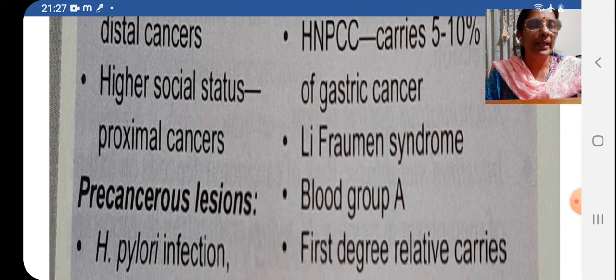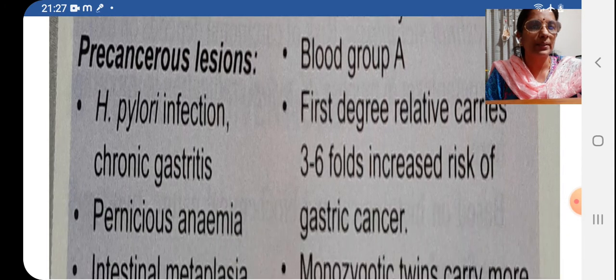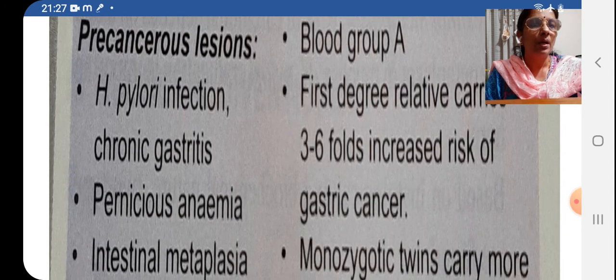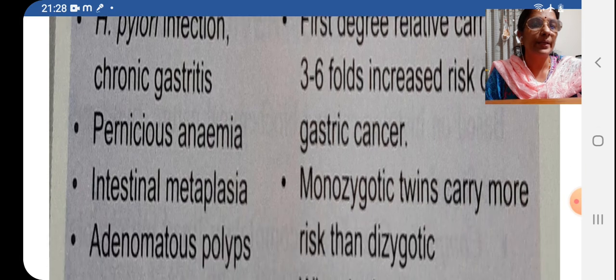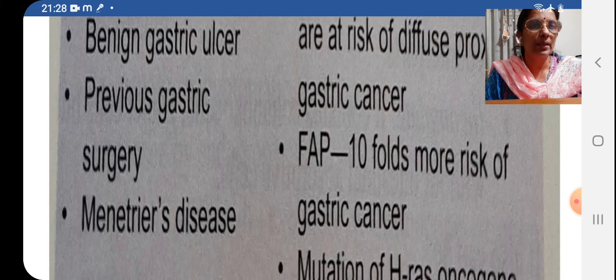And there are some precancerous lesions which can lead to carcinoma stomach. These are H. pylori infection, chronic gastritis, pernicious anemia, then intestinal metaplasia, adenomatous polyps more than 2 cm. It can finally turn to malignancy. Agammaglobulinemia, benign gastric ulcer, previous gastric surgery because of biliary gastritis can lead to carcinoma stomach.